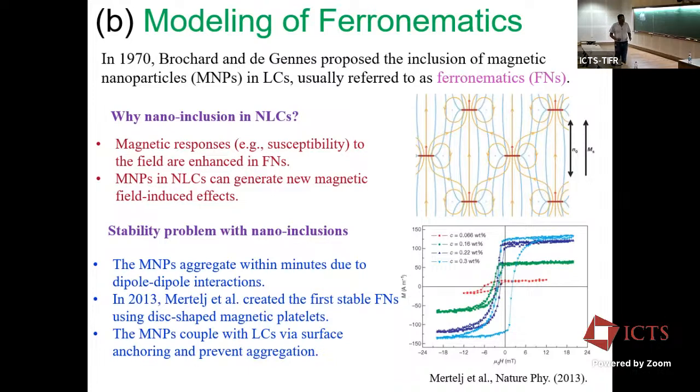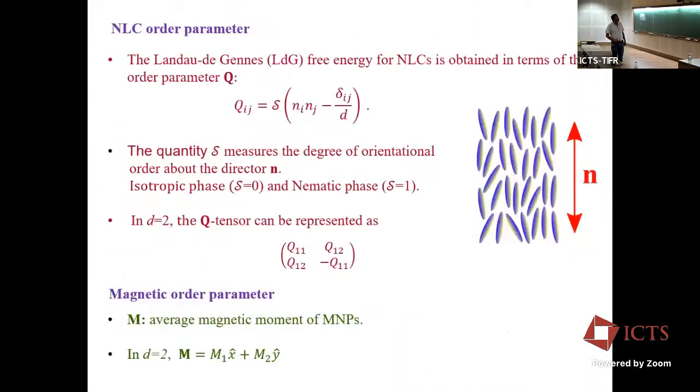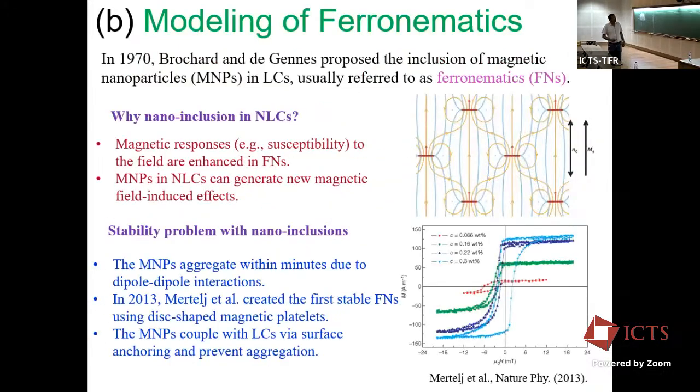So we want to write down theories for this system. Question: the magnetic moments are macroscopically ferromagnetically aligned, is that right? That's right. So the system now has a head-tail asymmetry macroscopically.